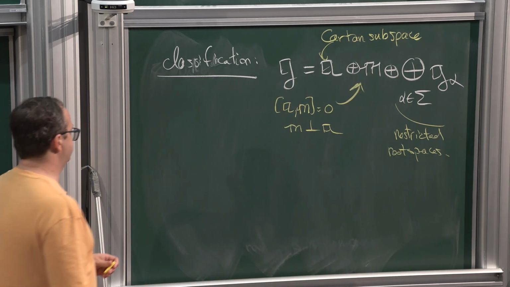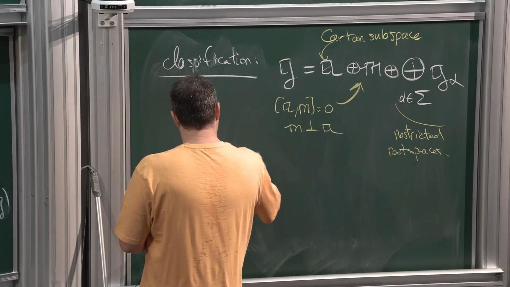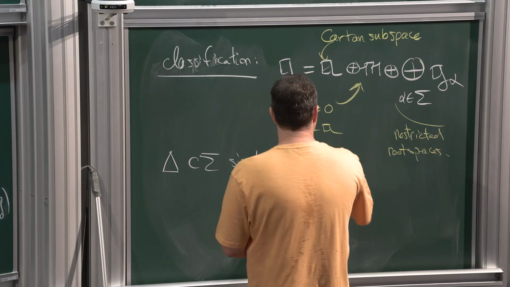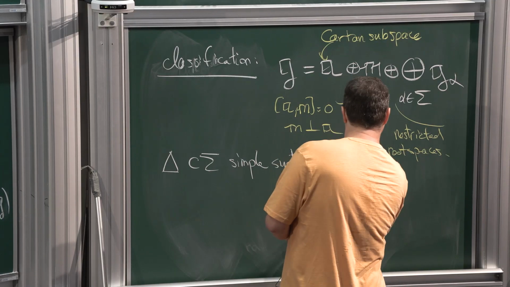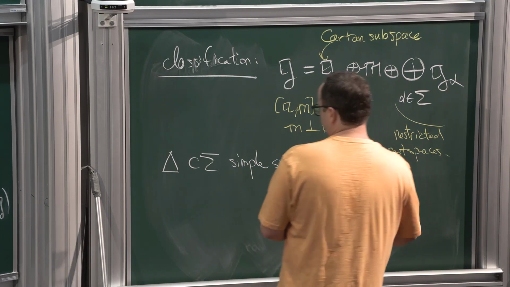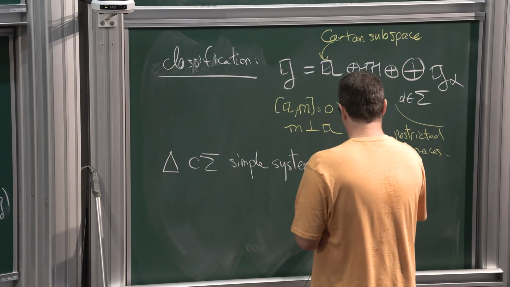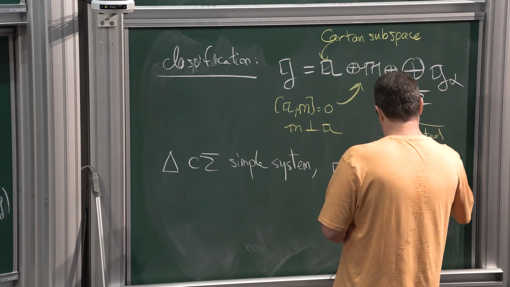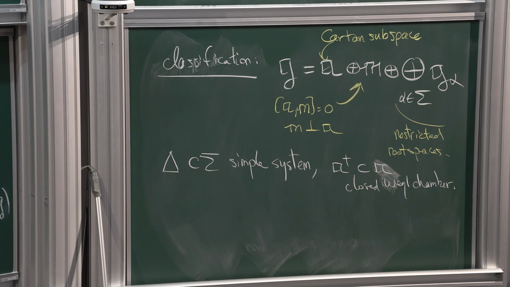Now we're also going to fix a simple system, delta, and with the associated Weyl chamber A plus in A, where all these roots in delta are non-negative, so this will be a closed Weyl chamber.